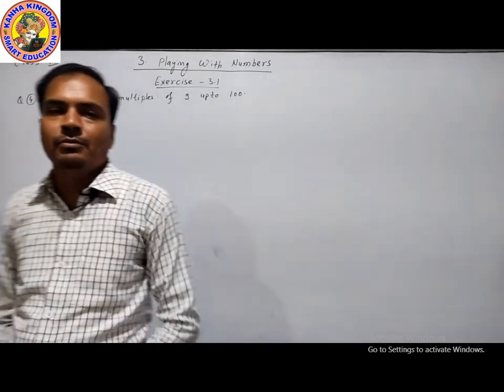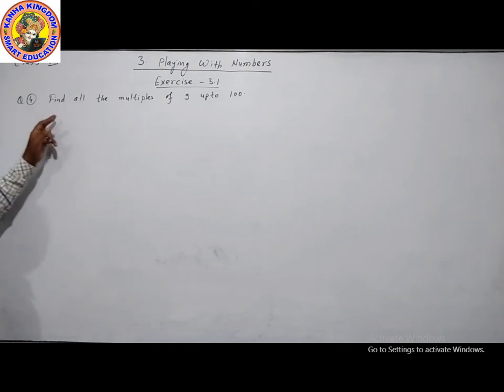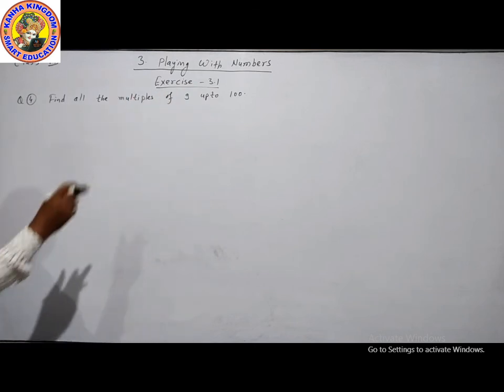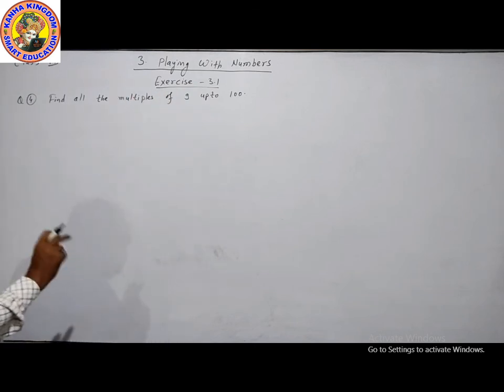Our last question from this exercise is to find all multiples of 9 up to 100. Multiples of 9 means the table of 9, which we write up to 100.